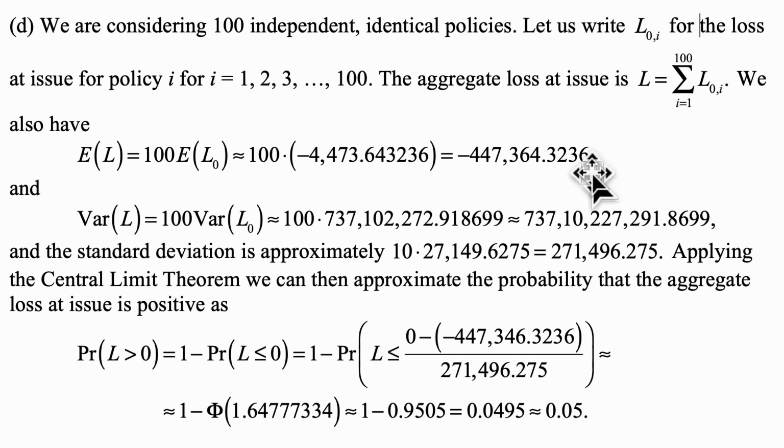We also have the expected value of L is 100 times the expected value of L0, so it's 100 times the value we calculated, and it's approximately negative 447,364.3236. And the variance is 100 times the variance of the individual random variable, and it's this large number that we have here.